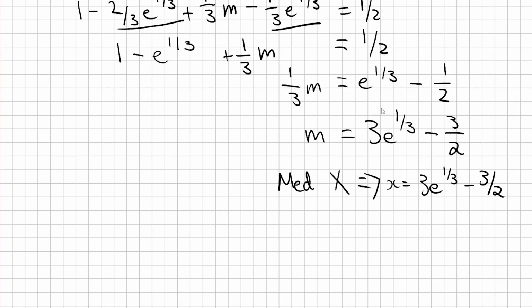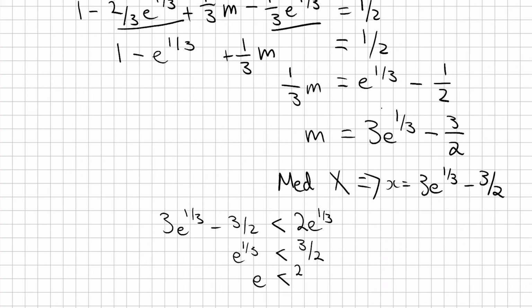So we have to make sure that this 3e to the 1/3 minus 3 over 2 is smaller than 2e to the 1/3, which we can rearrange this inequality to get e to the 1/3 is smaller than 3 over 2, which we can cube to say that e is smaller than 27 over 8, which is true.